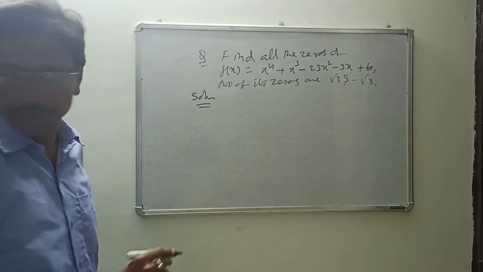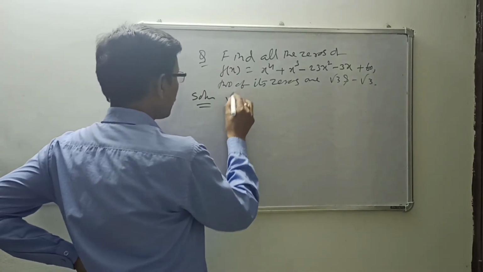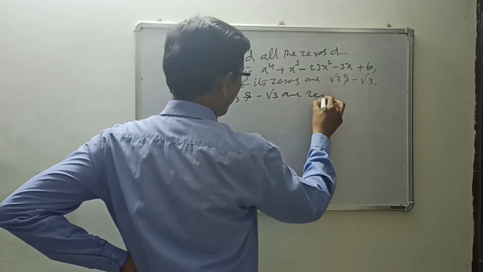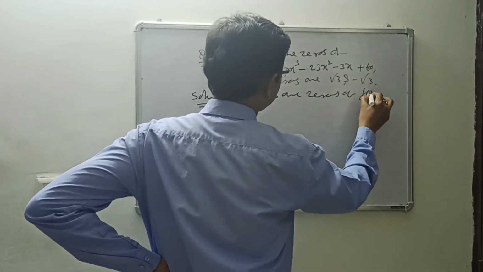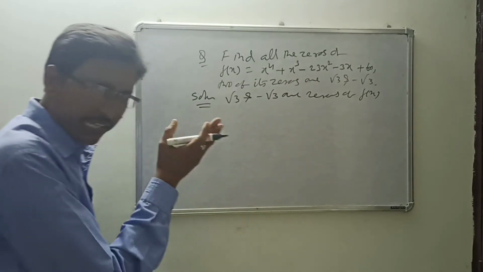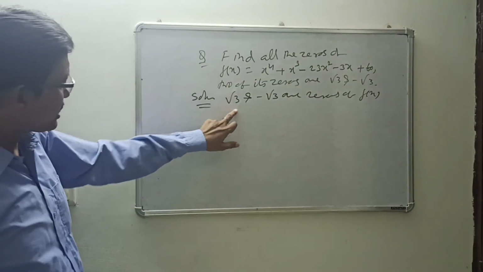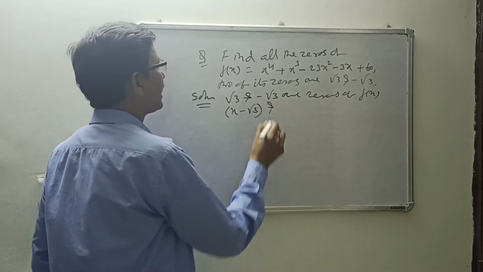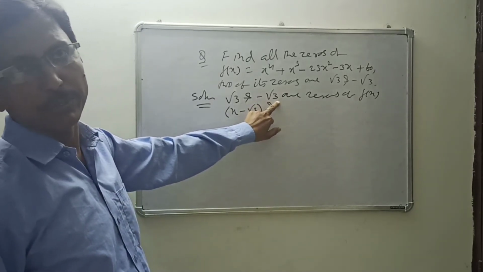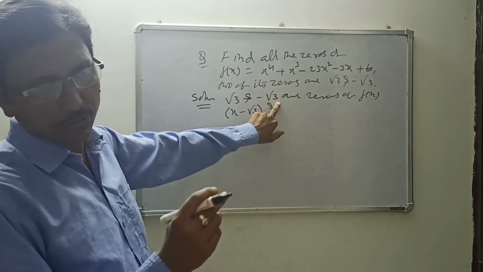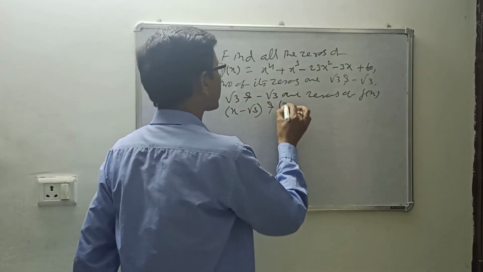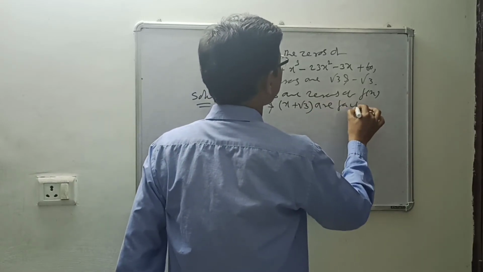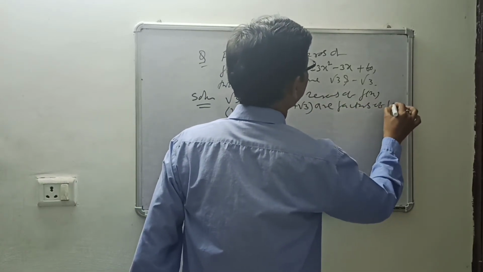process is to be followed. Since root 3 and minus root 3 are the zeros of f(x), like the previous one, root 3 is a zero, so x minus root 3 is a factor. And minus root 3 is a zero, meaning if x equals minus root 3 you put, it will come 0. That means x plus root 3 are the factors of f(x).